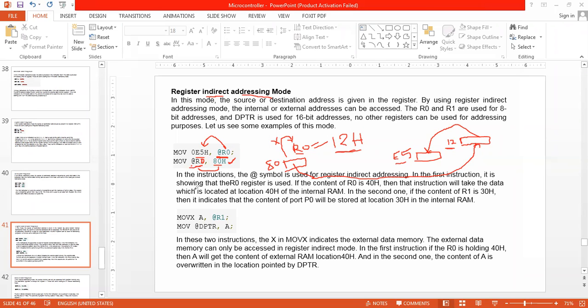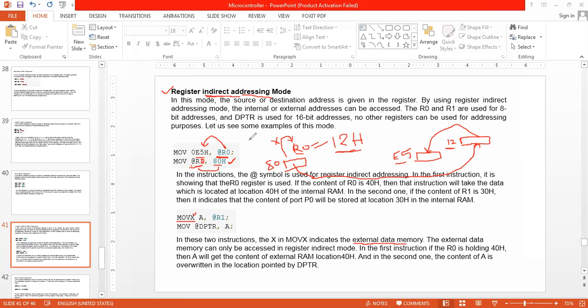Okay, so one more instruction I have here is MOVX. X stands for external, and whenever I am accessing the external data, it should be accessed only by register indirect addressing mode.